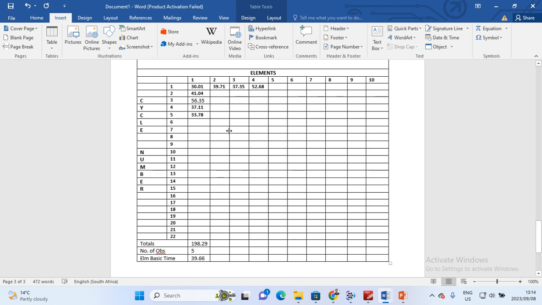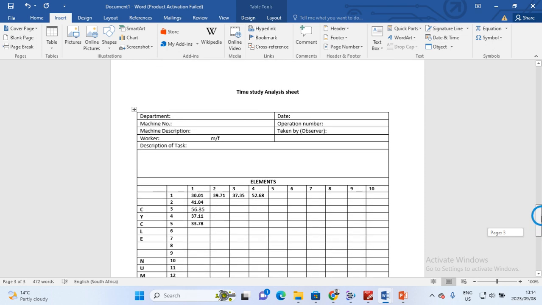After filling the second row, for the third element, fourth element, fifth element, and sixth element, you do your totals. Then you divide your totals by n, which is the number of times the element is repeated in each of the cycles. And then you're going to get the answer. I hope it's clear enough, and I hope we all know how to do the time study analysis sheet.